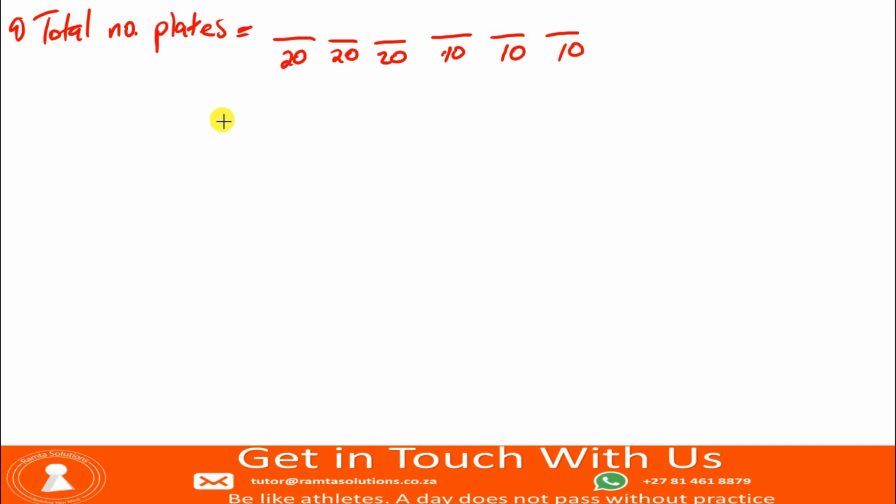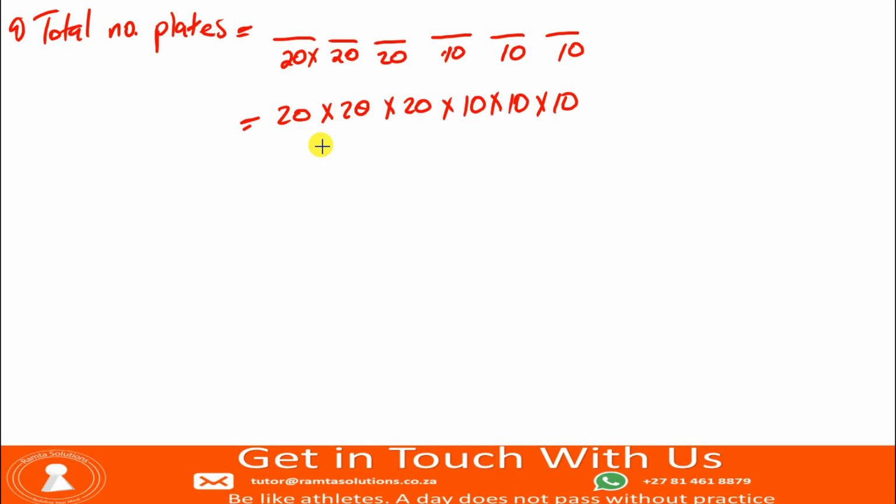Therefore, this means we have 20 times 20 times 20 times 10 times 10 times 10. You take your calculator, what are you getting? Let's see.